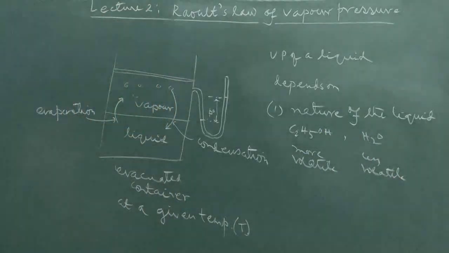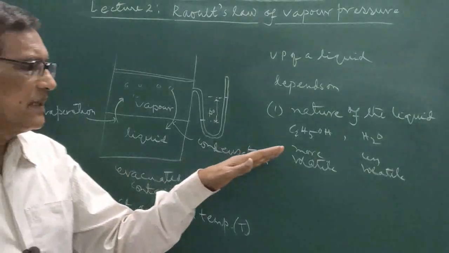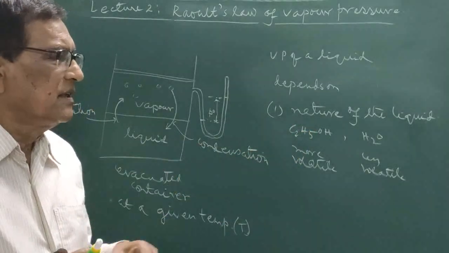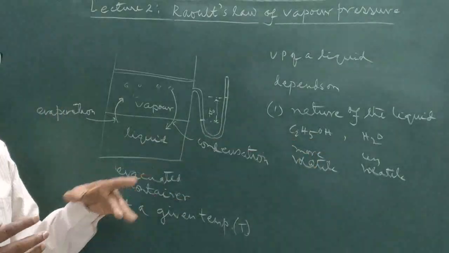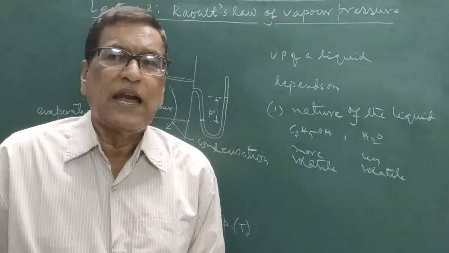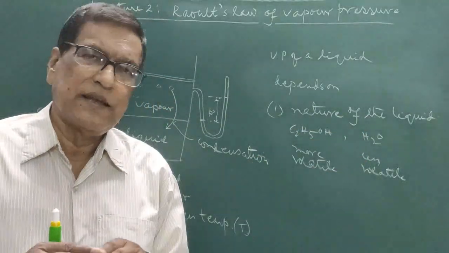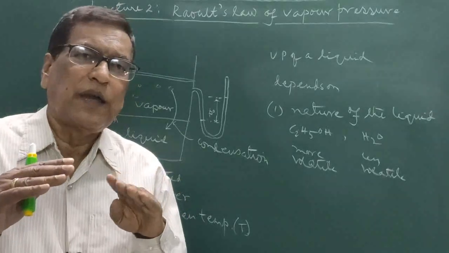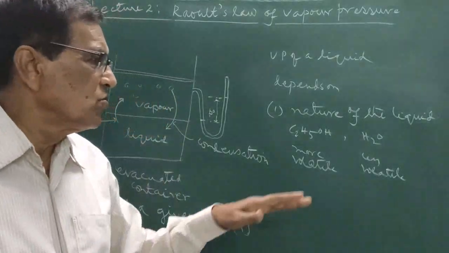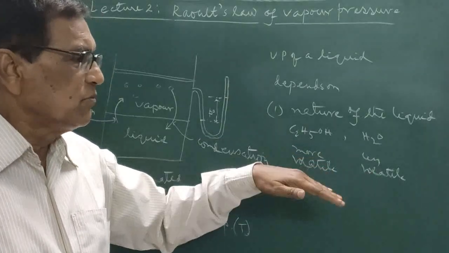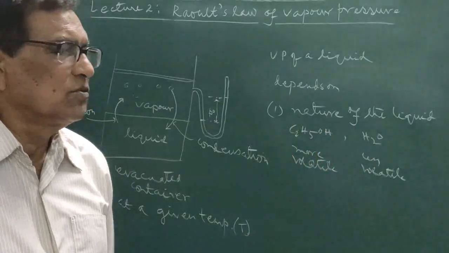So the vapor pressure at a given temperature of ethanol will be much higher than that of water. The intermolecular attraction of water is very high due to hydrogen bonding, and you know each molecule of water is bonded by hydrogen bonding with 4 water molecules. So water is very less volatile, and its vapor pressure is also low in comparison to ethanol.